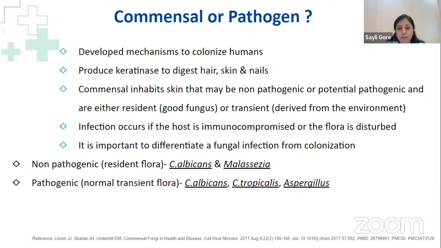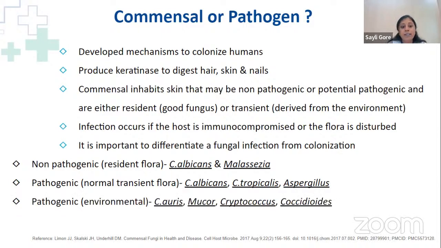They are derived from the environment, like Candida albicans, tropicalis, Aspergillus, and they live on us. But the moment the immunity is compromised, they start turning into pathogens. And then there are pathogenic environmental fungi, such as Mucor, Cryptococcus, or Coccidioides, that are all present in the environment, like in birds or soil.